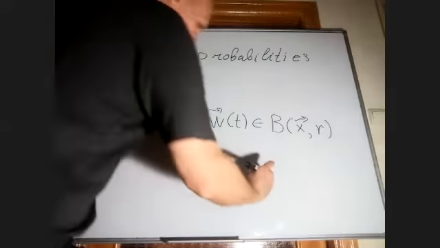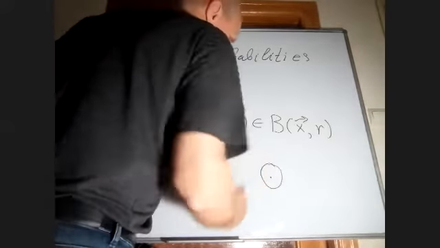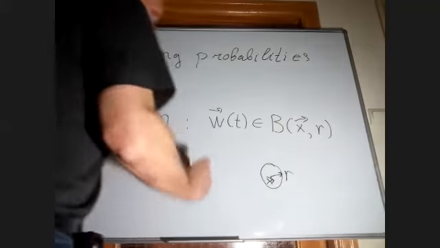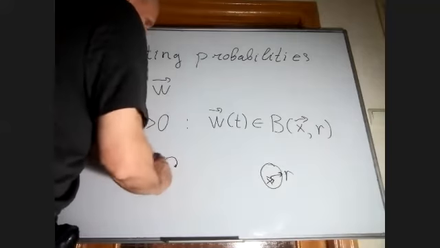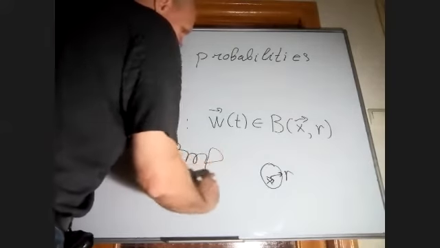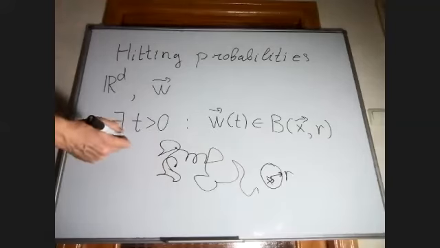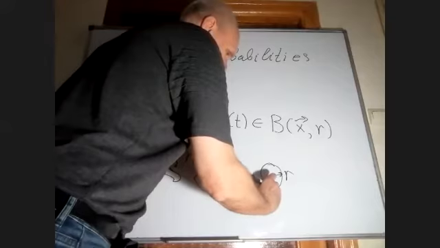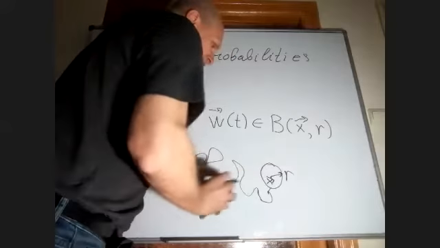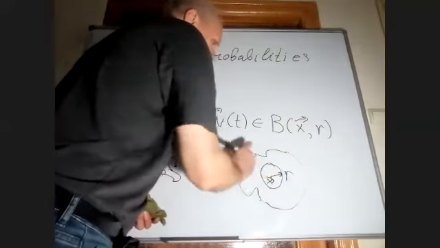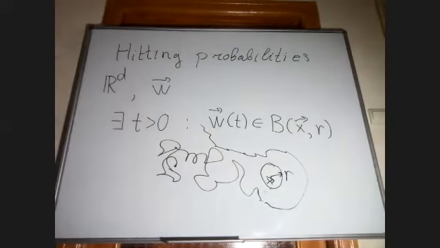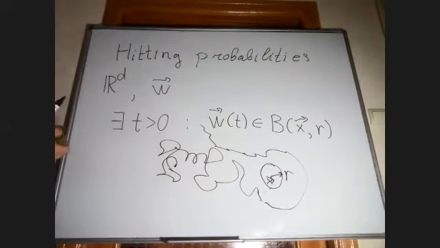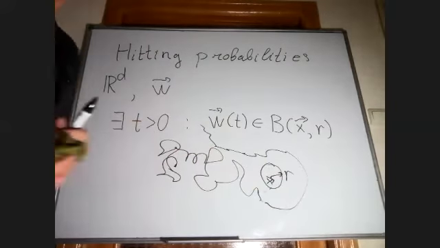The picture is like the following. We have some ball. This is X. This is R. We start from 0 with our Brownian motion, and we begin to travel. And we are asking, does it happen that it hits this ball, or does it just go away? So let us discuss this kind of probability.